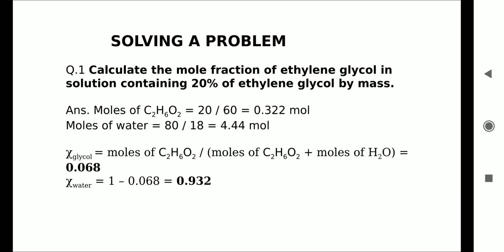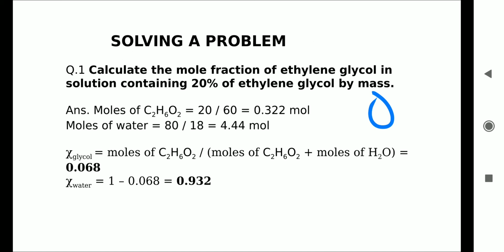Now we'll see some problems related to these quantities. For example, we have to find the mole fraction of ethylene glycol in a solution containing 20% ethylene glycol by mass. We know 20% ethylene glycol mass by mass means 20 gram of ethylene glycol is present in 80 grams of water, to make the total mass of the solution 100.